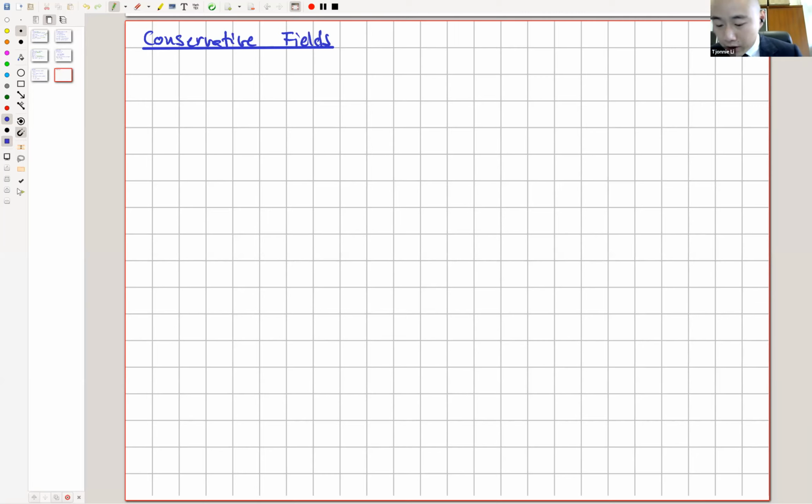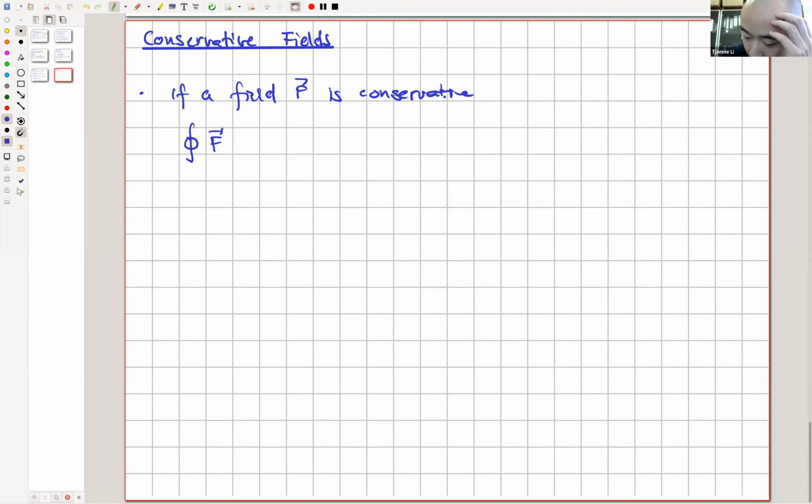If a field F is conservative, then if I take F around a loop, I must arrive at 0.